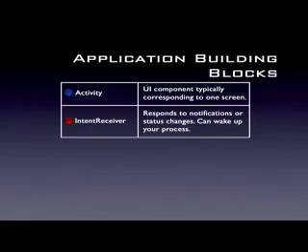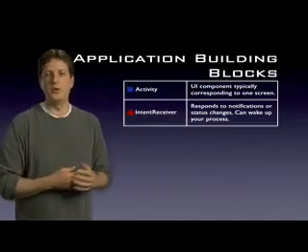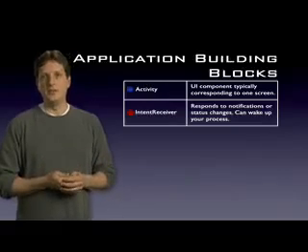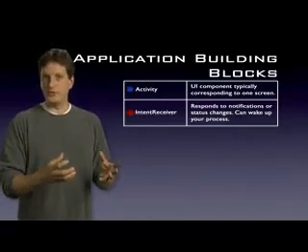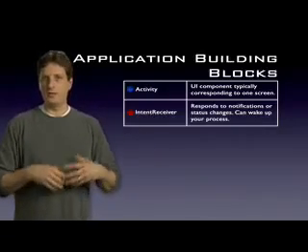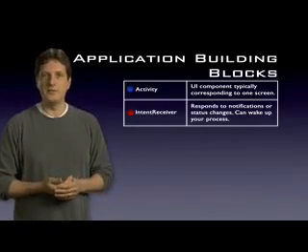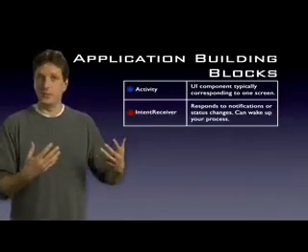An intent receiver is a way for your application to register some code that won't be running until it's triggered by some external event. And the set of external events that triggers your code is open and extensible. So you can write some code and through XML register it to be woken up and run when something happens, when the network connectivity is established, or at a certain time, or when the phone rings, or whatever trigger makes sense for your application.